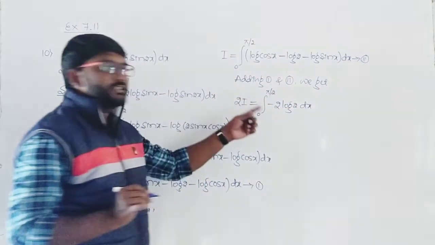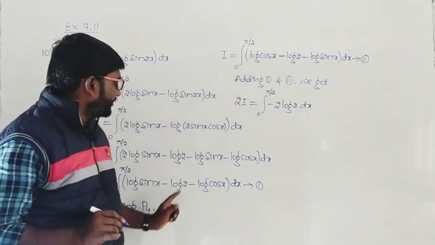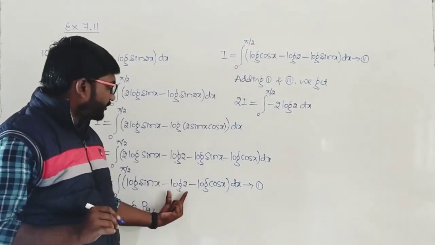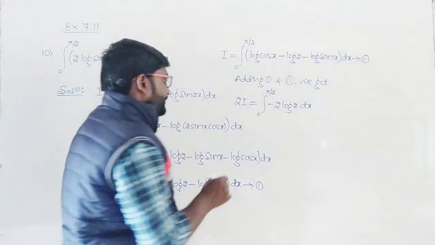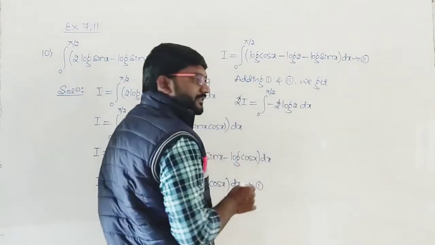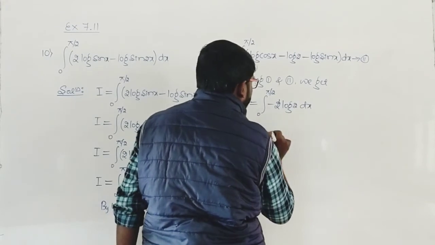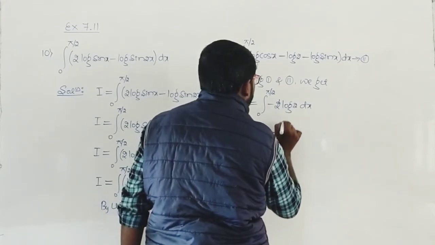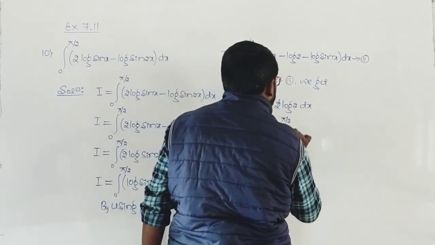I hope you are getting this step. So here log cos x gets cancelled, log sin x and log sin x get cancelled. We are left with minus log 2 and minus log 2, that is minus 2 log 2. So now here 2 and 2 get cancelled. I is equal to minus, I am writing it outside, the integral from 0 to pi by 2 of log 2 dx.